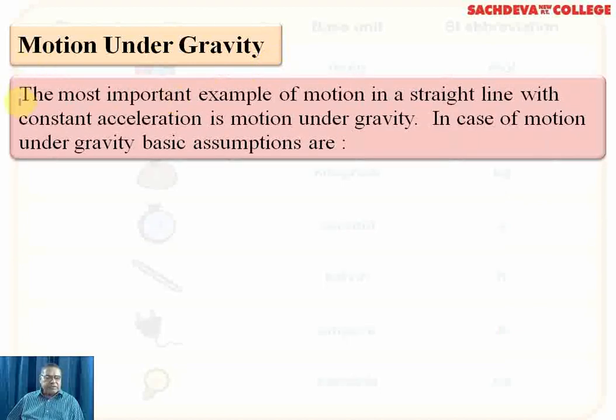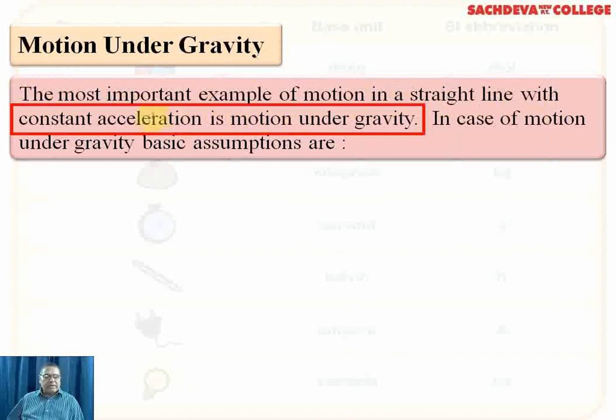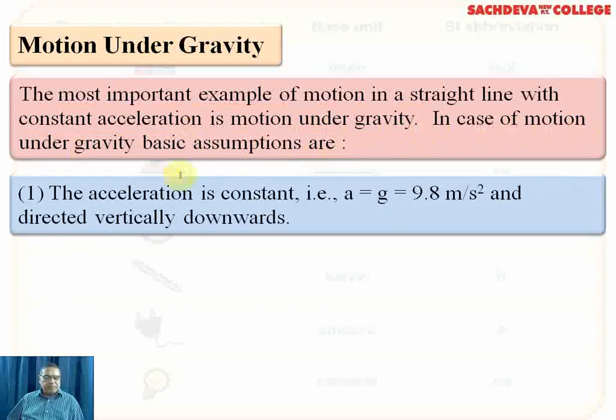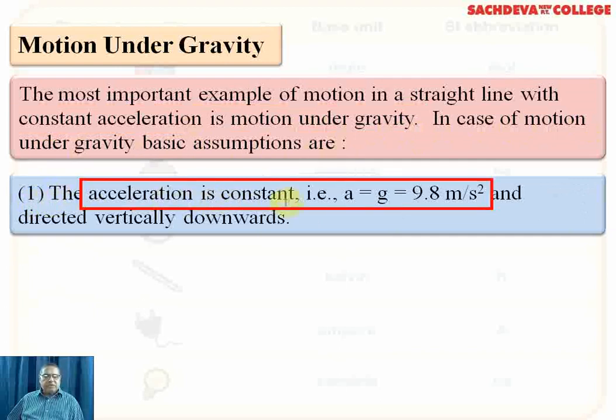Now, the very first thing is the most important example of motion in a straight line with constant acceleration is the motion under gravity. In case of motion under gravity, we have certain basic assumptions. The very first thing we assume is that acceleration is always constant.